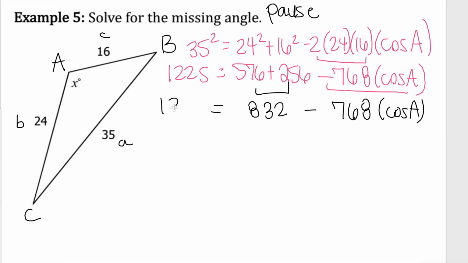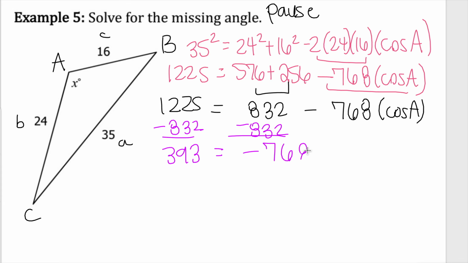So 832 is equal to 1,225. Here's where we subtract 832. We're going to get 393 is equal to negative 768 times the cosine of A. Don't forget that minus in front of the 768. All this is right together, okay?